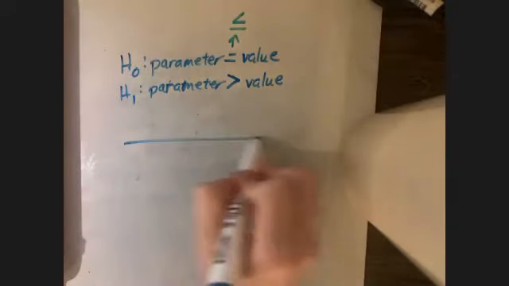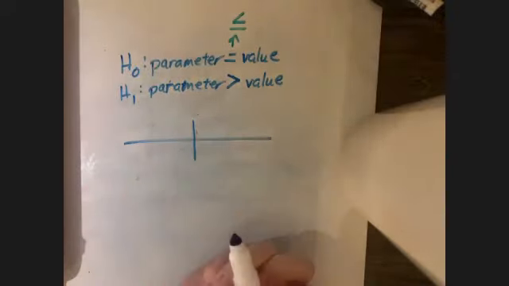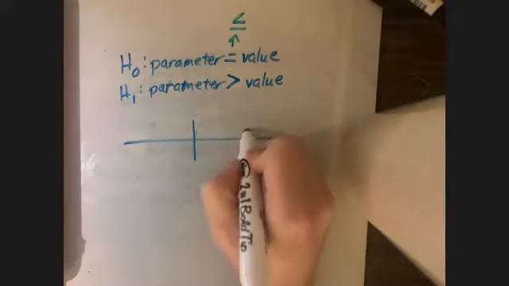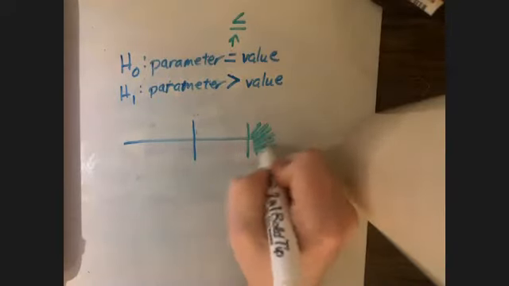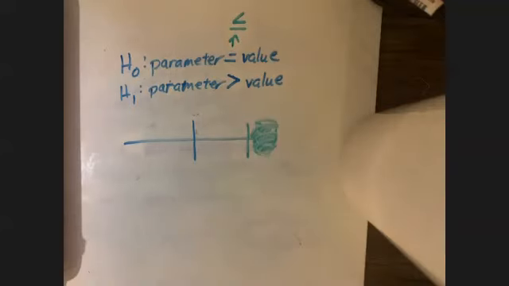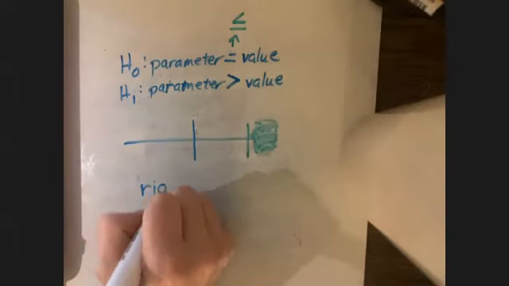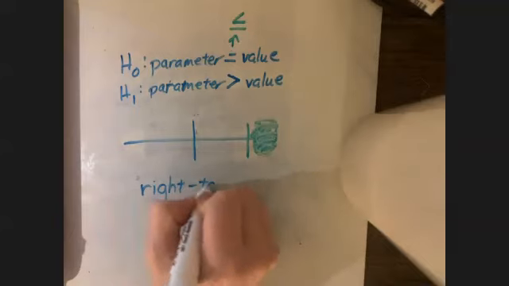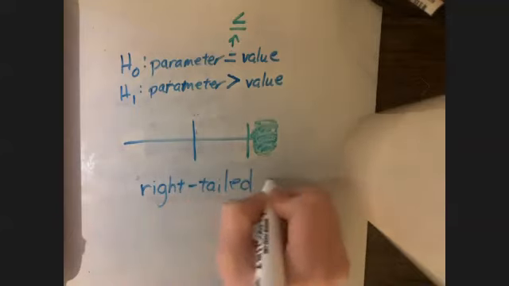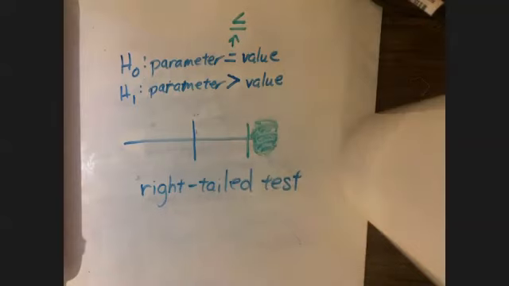So again, looking at a drawing here, this is where we believe the value to be. The only way you're going to change my mind is if you get enough stuff to show me that that answer is actually higher than the value that you told me, okay? So this area is on the right side, so this is what's called a right-tailed test, okay, when we're going through this.